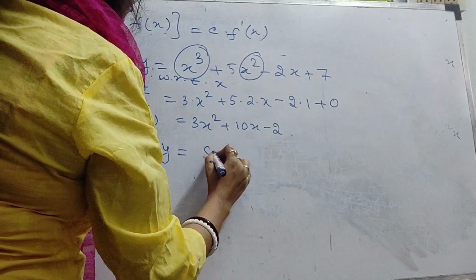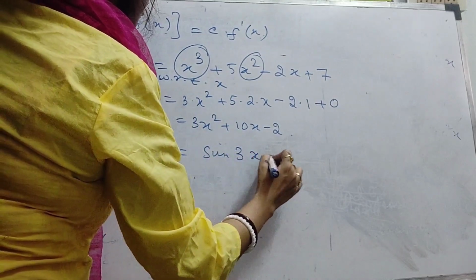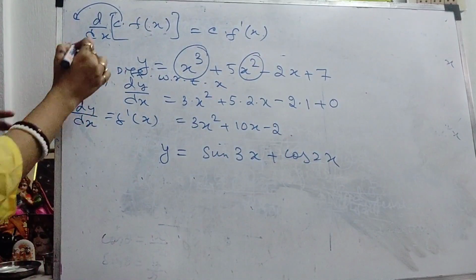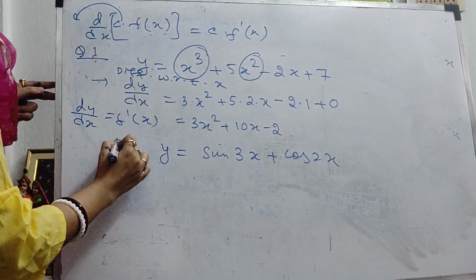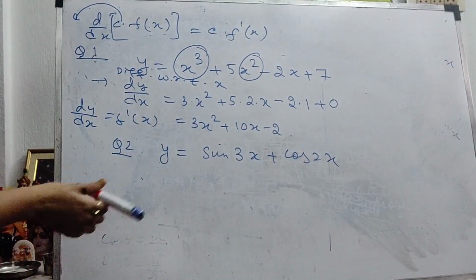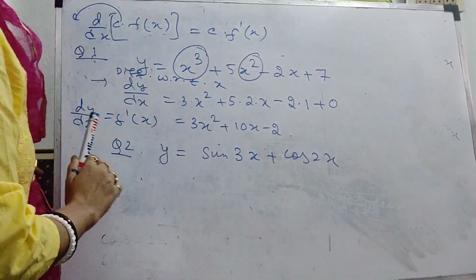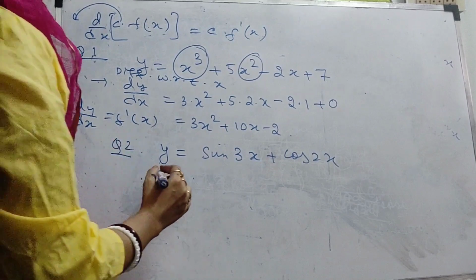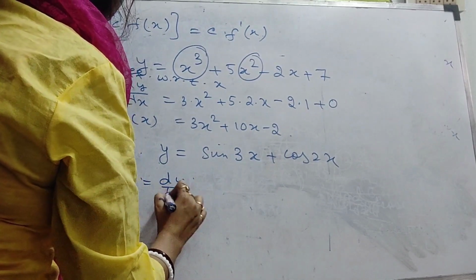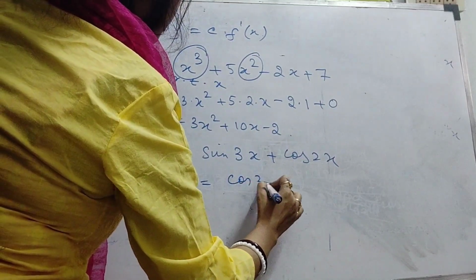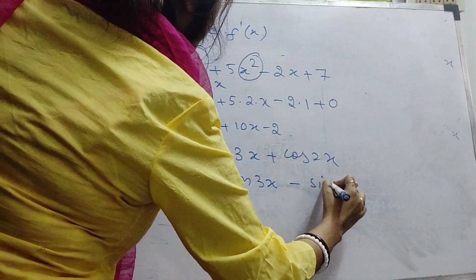Students mainly make a very common mistake. sin 3x plus cos 2x. Suppose this is a new question, question 2. You want to have the derivative of this function. So what happens? Students make a very common mistake. That is dy/dx. Everybody writes cos 3x minus sin 2x.